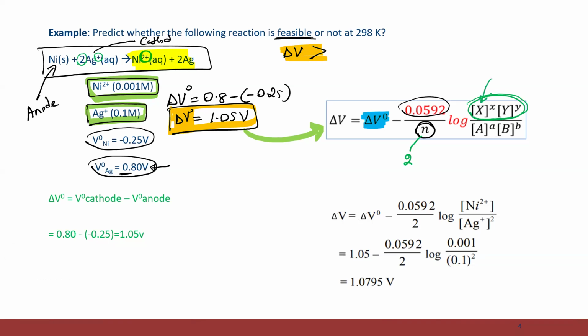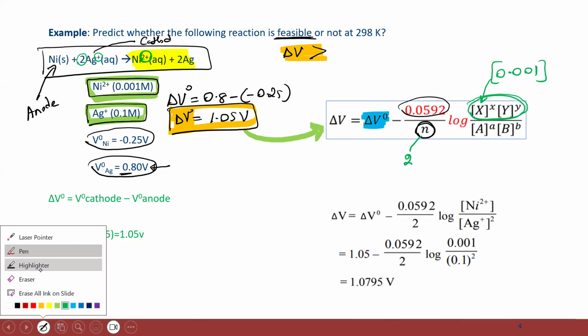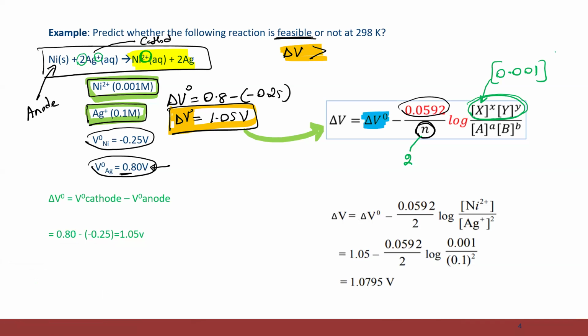The nickel concentration is given to us as 0.001 moles. When we balance the equation, do we have anything in front of this Ni? Just 1, isn't it? So this number will be 1.